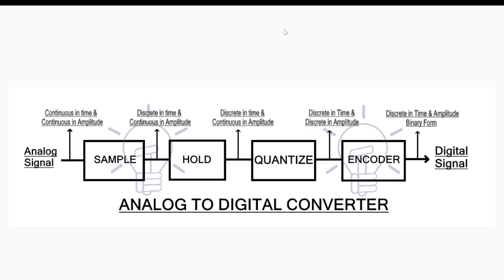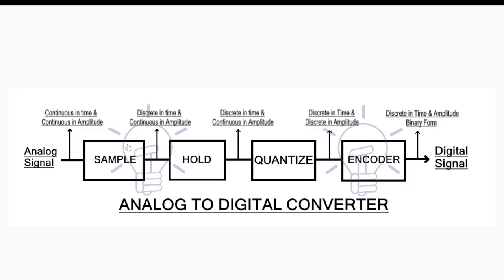So this particular block diagram is to basically understand how the conversion principle works in an ADC. So how the conversion happens: the analog signal at the input, the circuitry samples it. So there is a sample circuit.